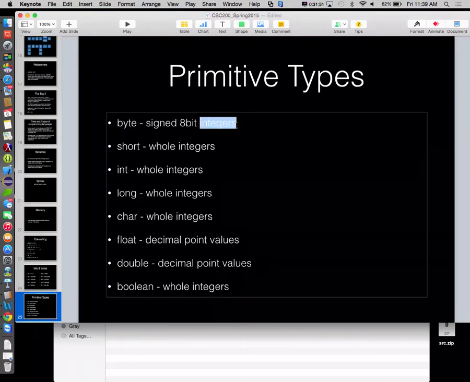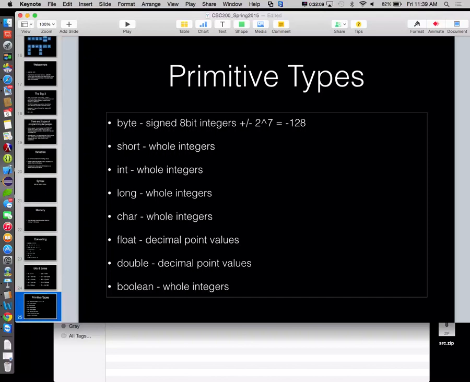So our byte can hold positive or negative. So we'll say plus or minus 2 to the 7th power. Okay? Which is equal to negative 128 to positive 127. That's the range of values that a byte can hold.